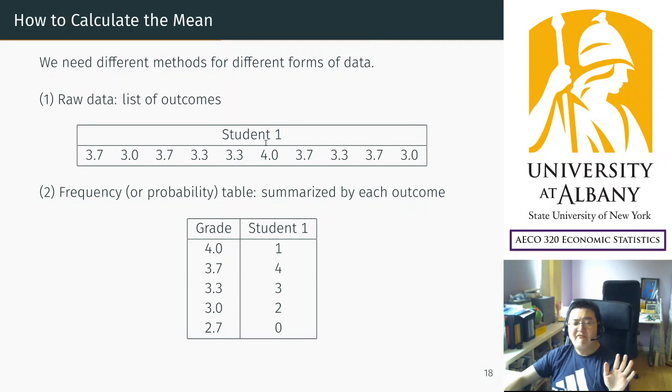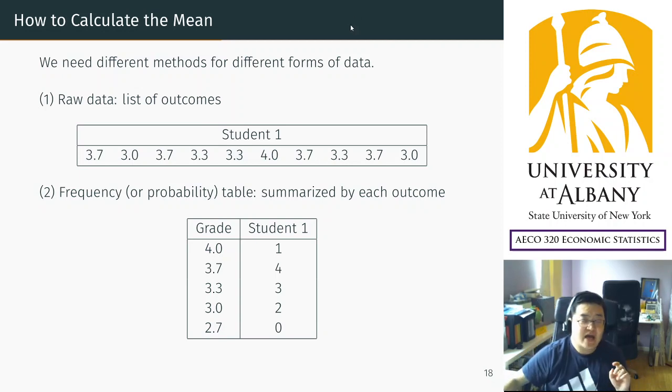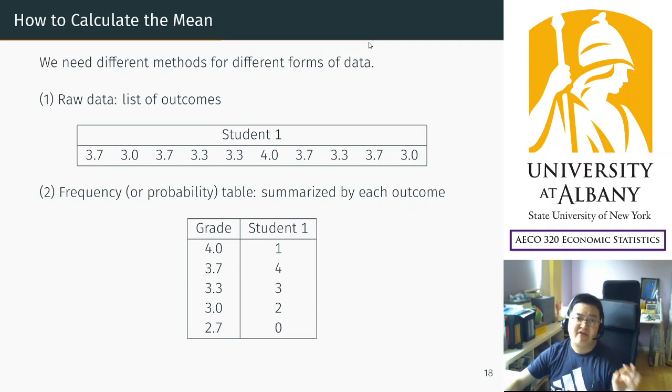These are different ways to present data, and depending on what information you have, you use different methods of calculating mean. That's what we are going to study in this video. There are two different methods for different forms of data.